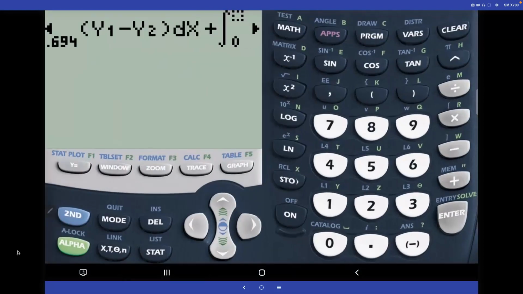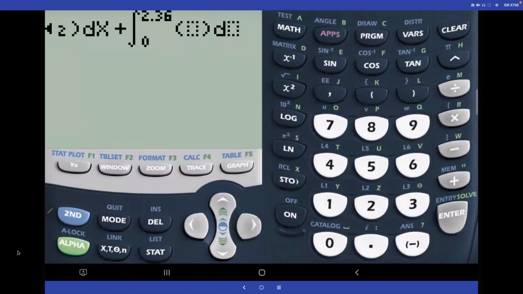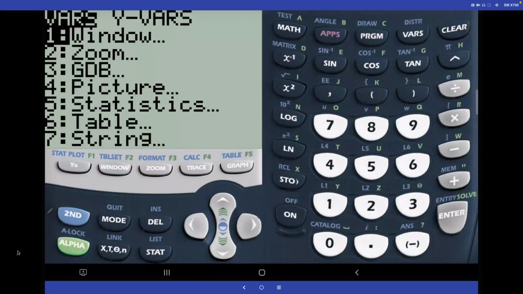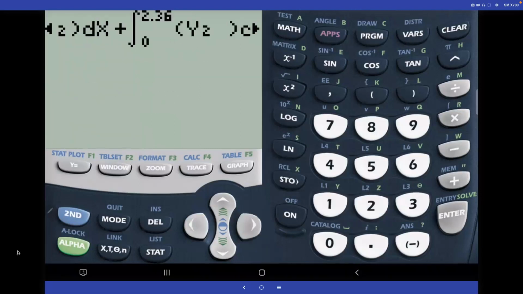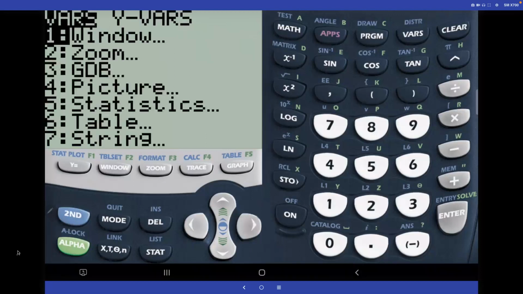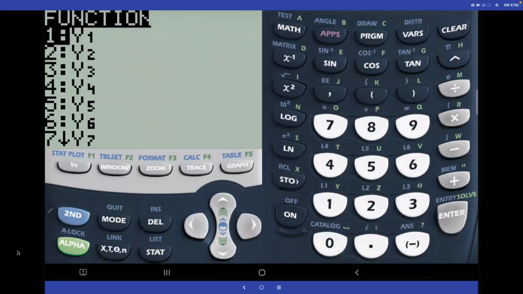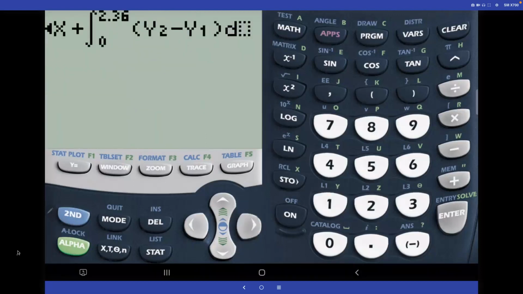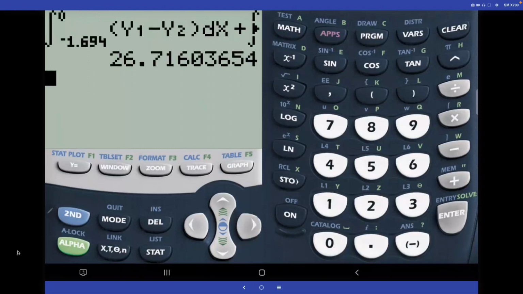2.360. But this time, y2 minus y1. 26,716.